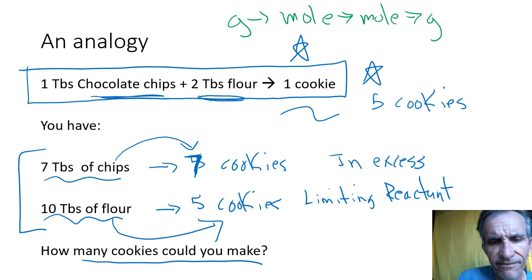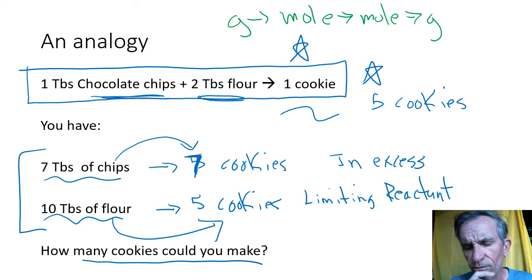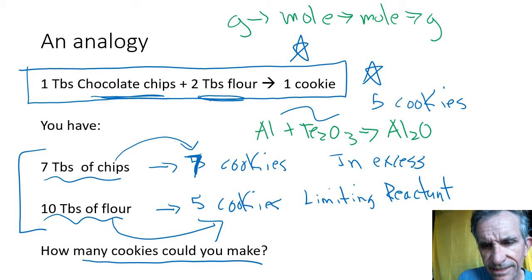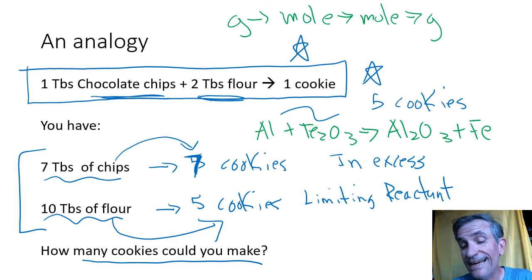It was aluminum plus Fe2O3 turns into aluminum oxide and iron. I'm going to show you this reaction, and then we're going to calculate how much stuff we can make based on this reaction. I think I asked you how much iron can we make. We're going to figure that out. Let's look at this reaction first, and then we'll do some stoichiometry practice with it.